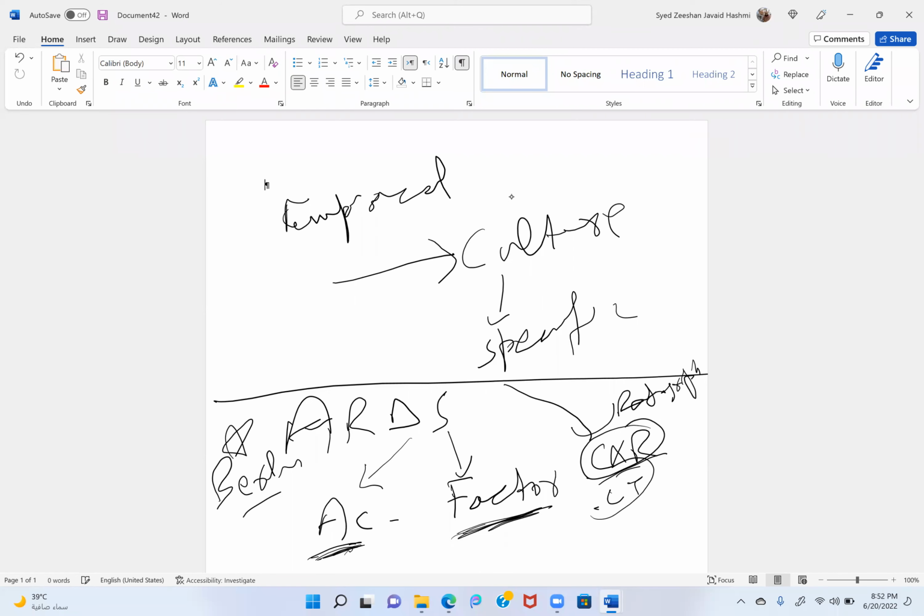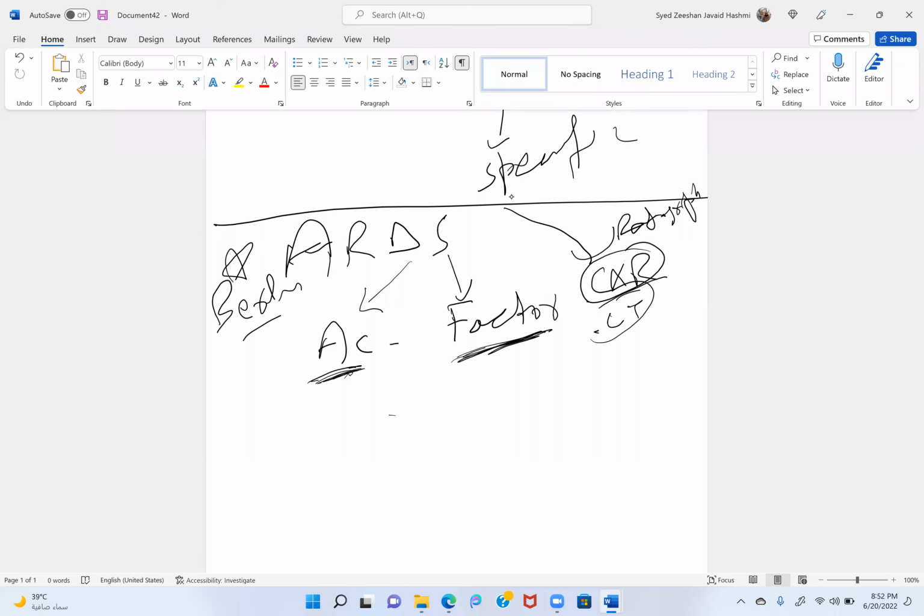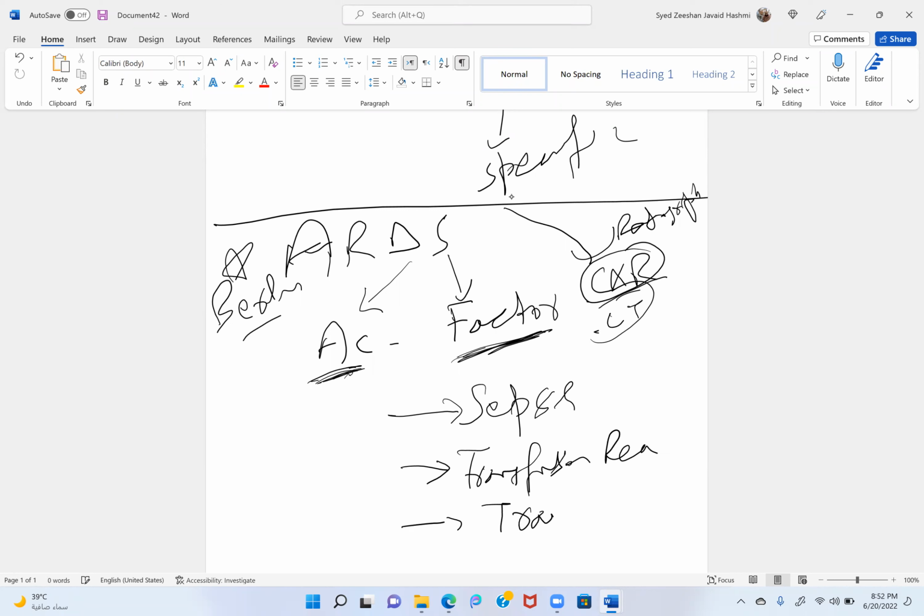And there is some inciting factor. What are the inciting factors which can lead to ARDS? Transfusion reactions, trauma, pancreatitis.